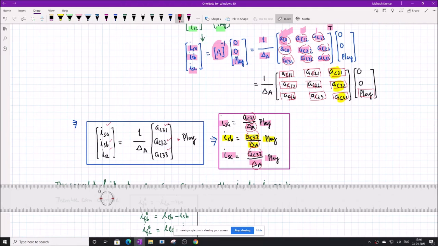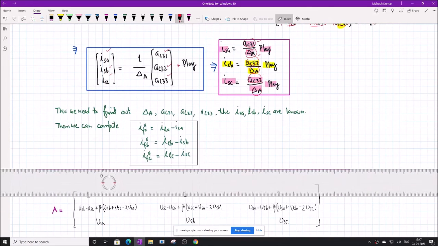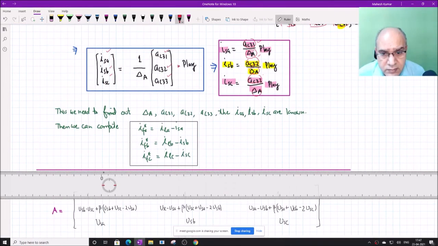Correct? So these simplifications for the determinant and for the cofactors have to be studied. And once we know these values, then we can compute ISA, ISB, ISC, and then we can find out IFA star, IFB star, IFC star by applying Kirchhoff's current law at the point of common coupling, which is nothing but ILA minus ISA star.